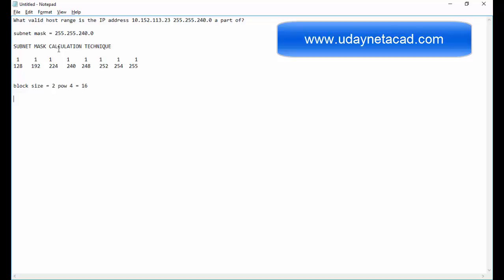Now all we have to do is write down the subnets. So 10.152 dot. Our first subnet will be 0.0. Remember here, subnetting is done at the third octet, so for the first two octets, all bits are used. That's why it is 10.152. The next two octets are where we are interested.